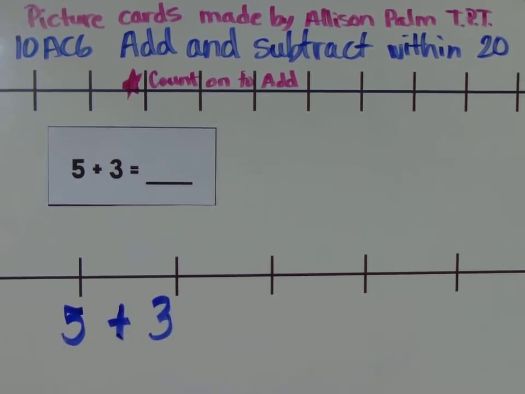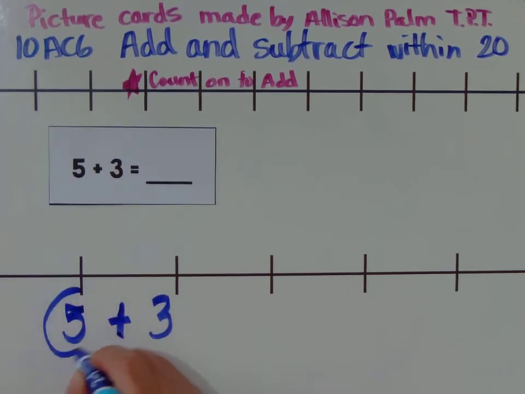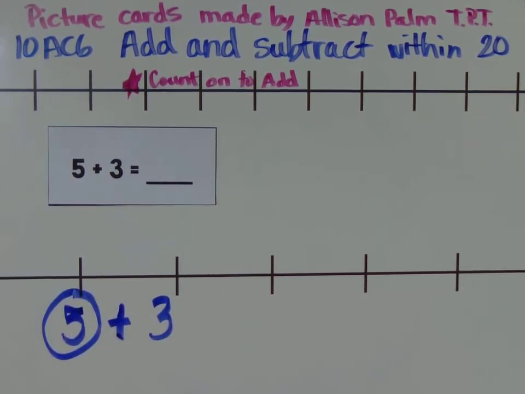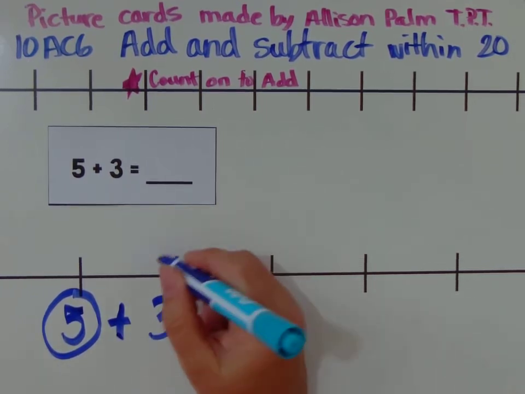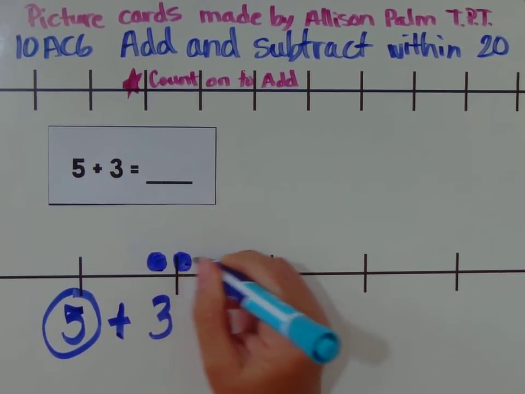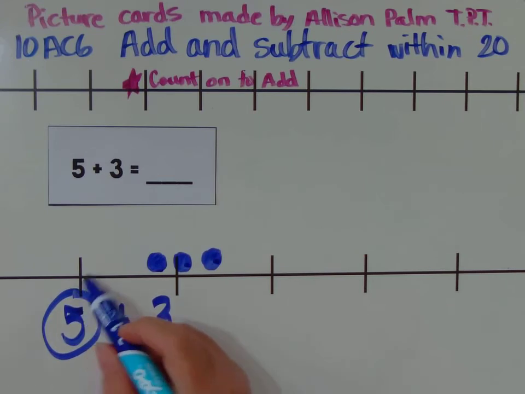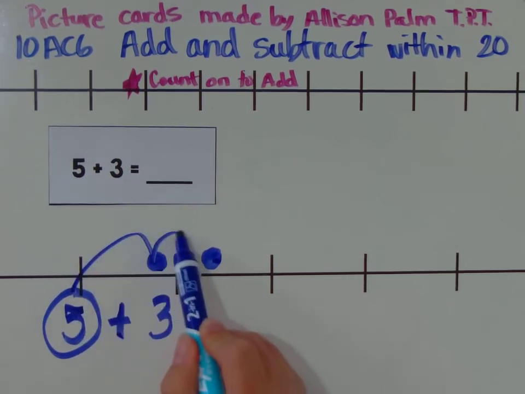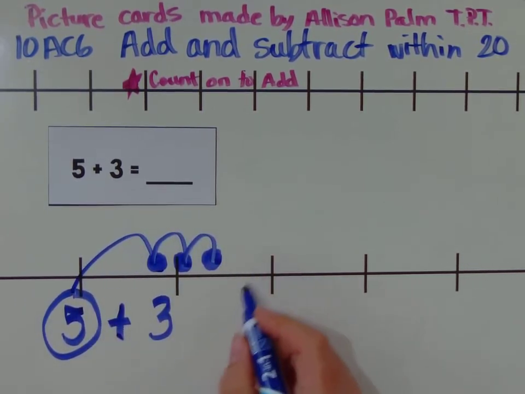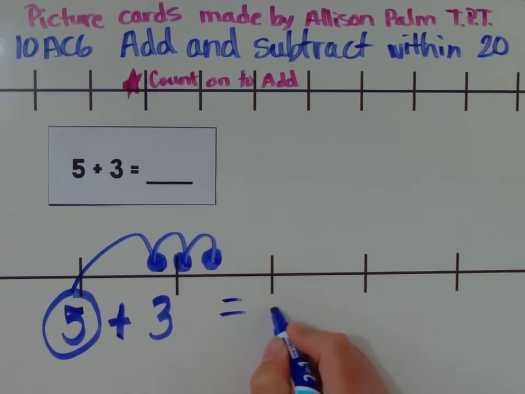And we're using that strategy of counting on to add. What I like to do is circle my first number or the greater number, which is 5, and I like to make 3 dots above the next number and count on. Here I have 5, 6, 7, 8. 5 plus 3 equals 8.